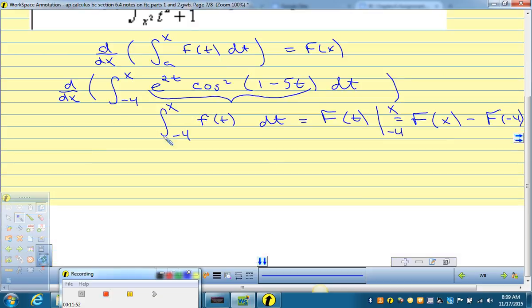And now we are going to take the derivative of capital F of x minus capital F of -4. What is the derivative of capital F? It is lowercase f of x. And be careful before you answer me here. What is the derivative of capital F of -4?